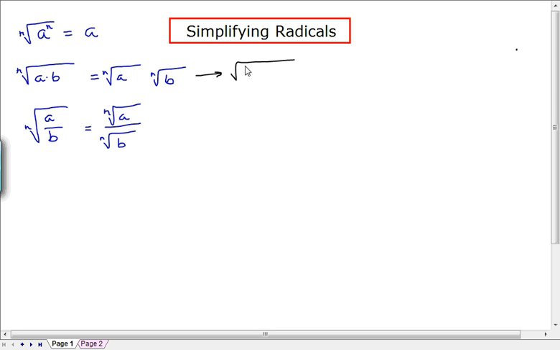The square root of 4 times 3 can be written as the square root of 4 times the square root of 3. So the square root of the product is the product of the square roots.